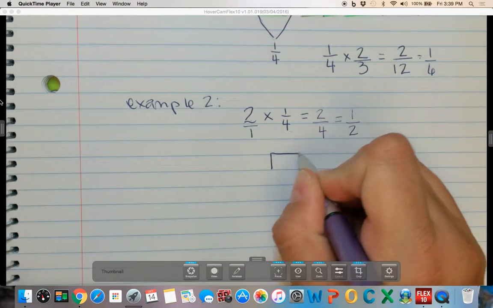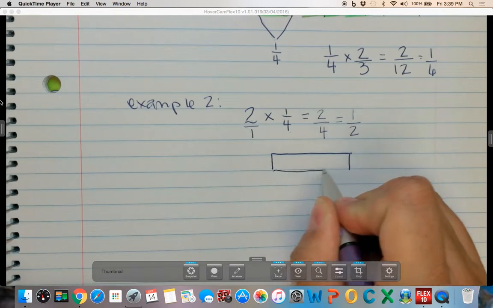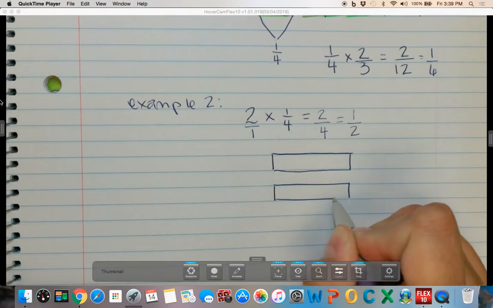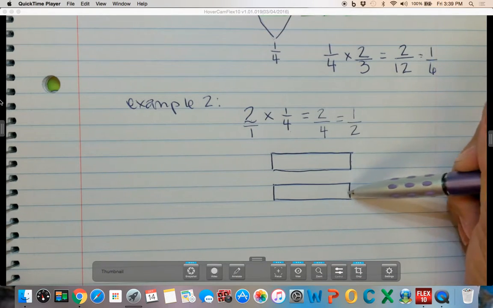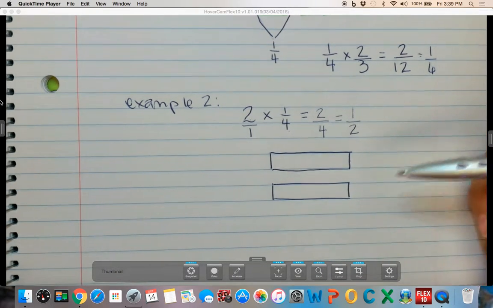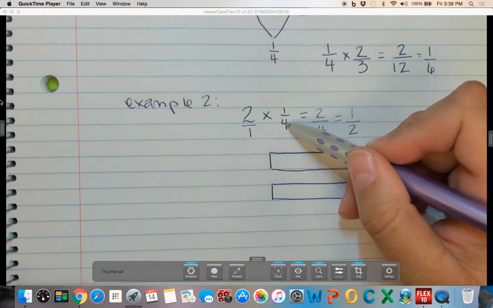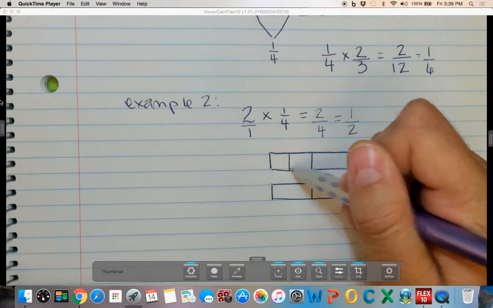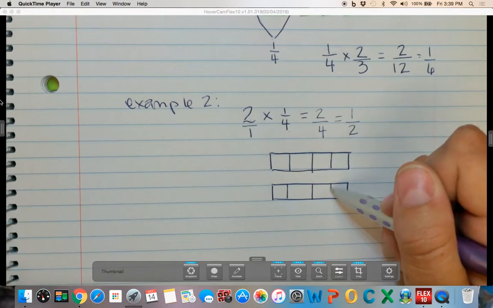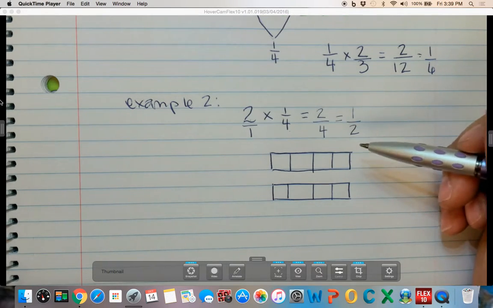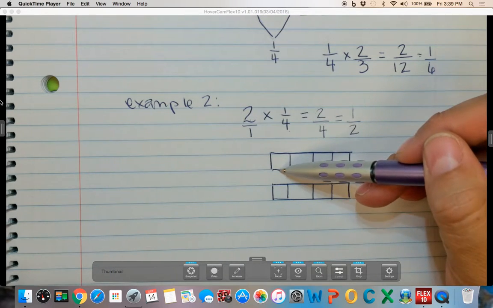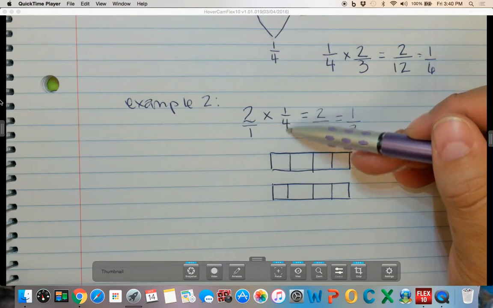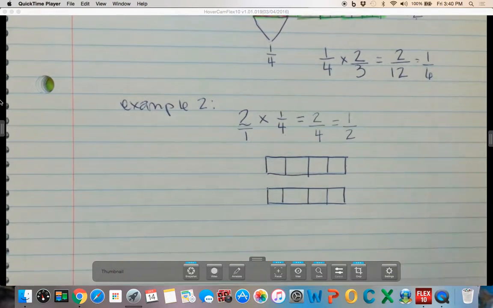Now we're going to prove that is true. So I'm going to draw 2 boxes, and they can be underneath each other, they can be next to each other, it doesn't matter, as long as you know that this is 1 and this is 2. And of course, I'm going to put it into 4ths. It's asking me to take 2 of these boxes and highlight 1/4 of each box.